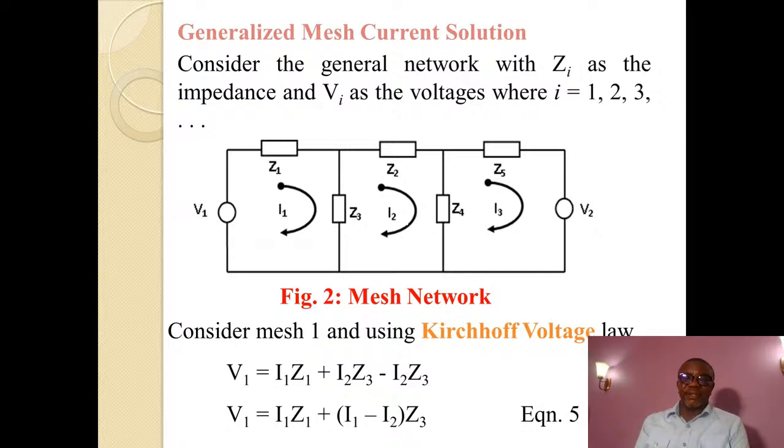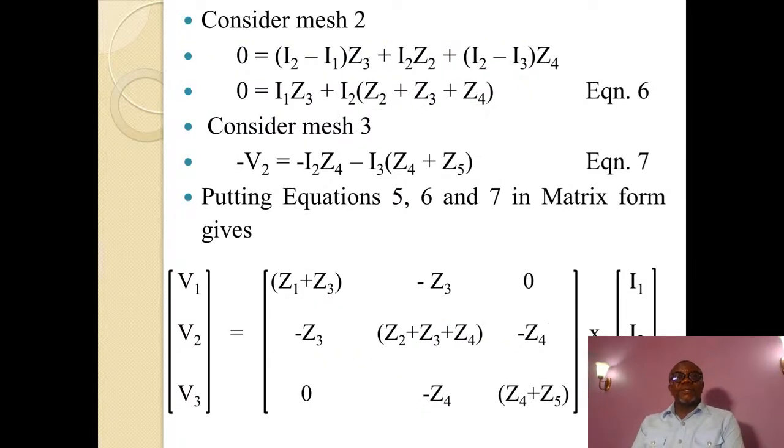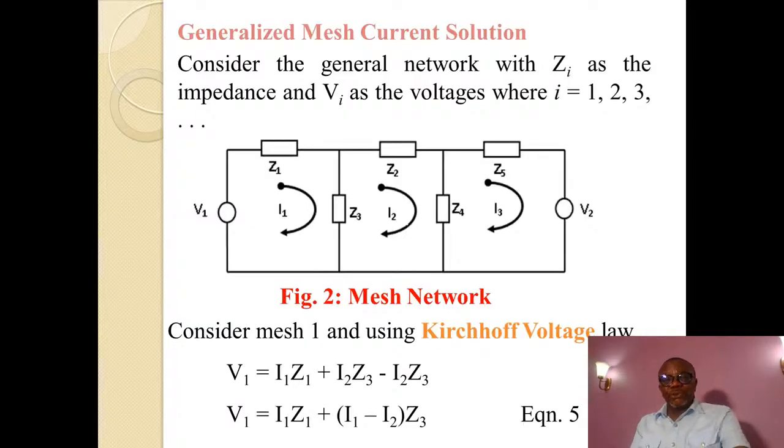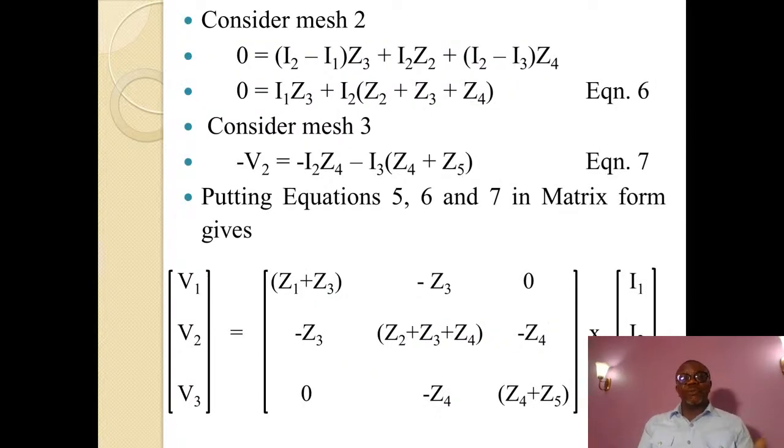So if we consider mesh 2, you can see that mesh 2 here has no voltage source attached. So the voltage source to it becomes 0. So like before, it will give you I2 minus I1 passing through Z3 plus I2 Z2 plus I2 minus I3 passing through Z4.